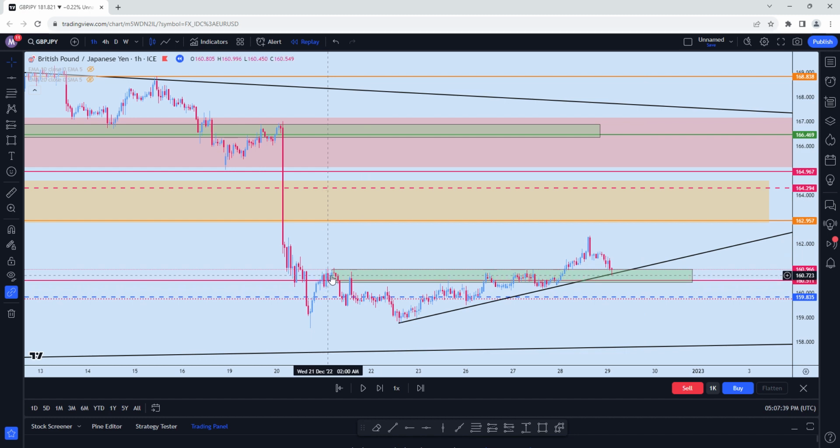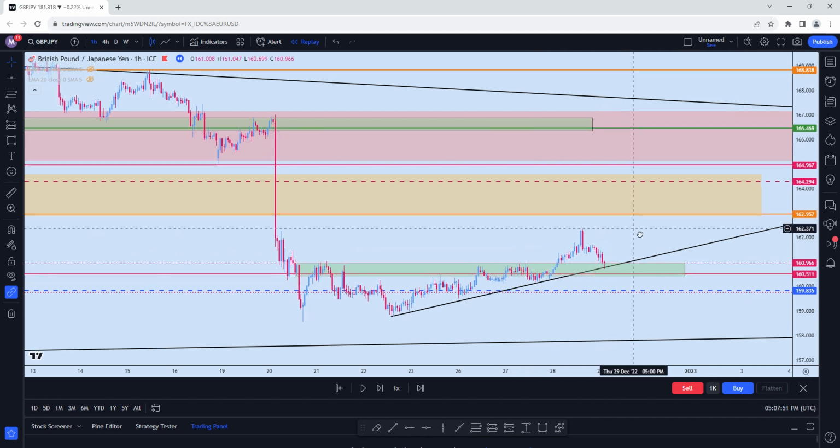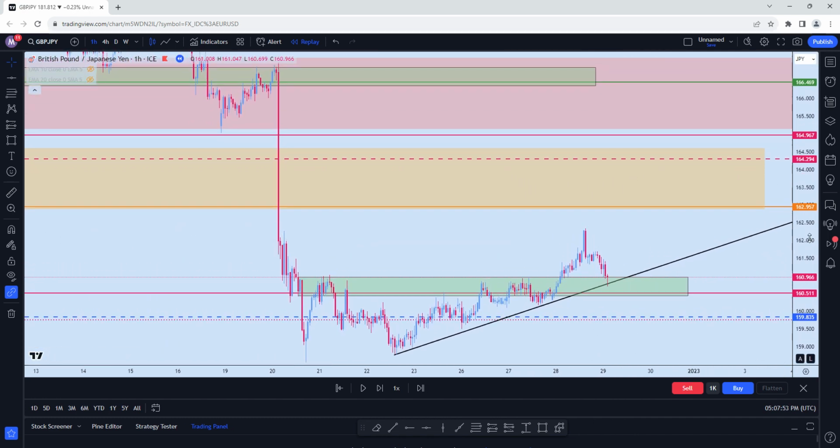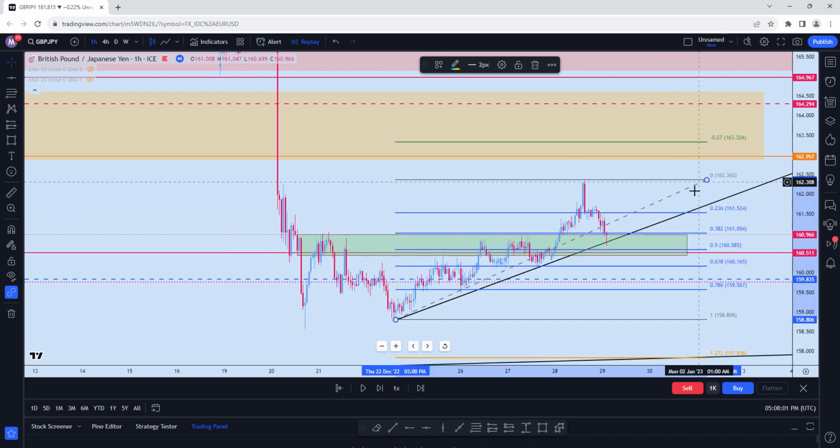Damn! How did I not see this cluster? 1, 2, 3, 4, 5, 6. 6 touches, inverse last, just to break and retest it. Okay. The full leg would be from here to around here.